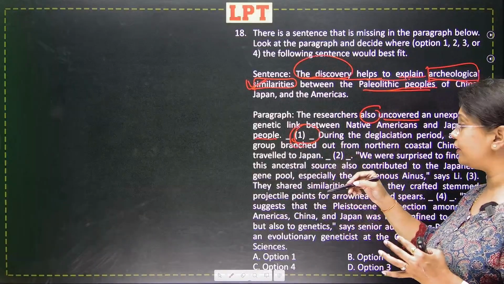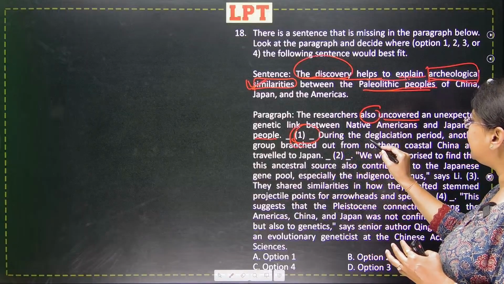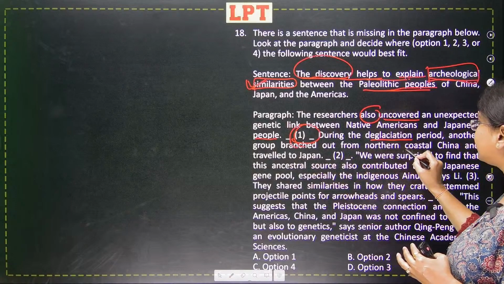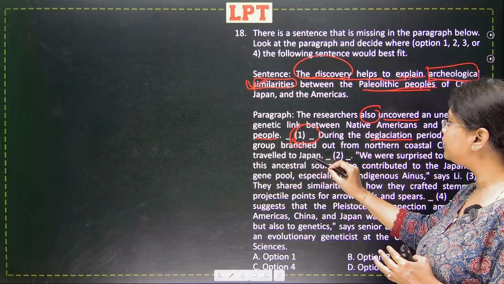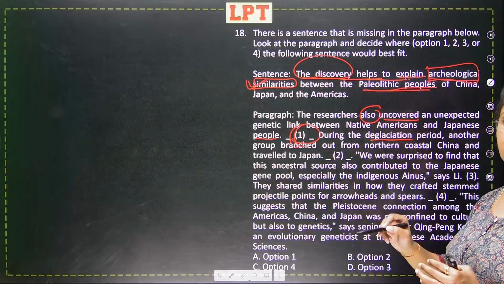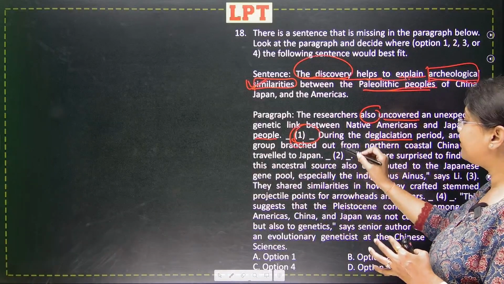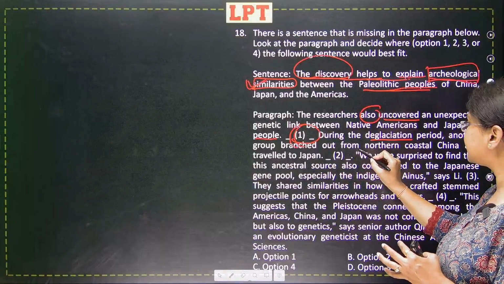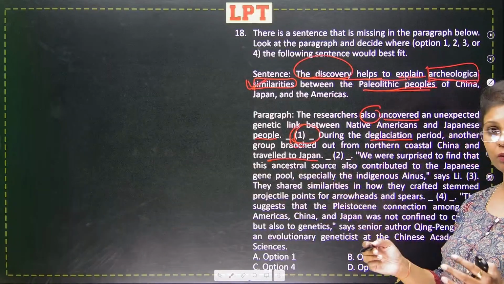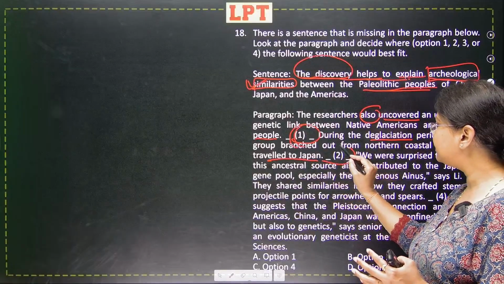Let's read further. It says, during the deglaciation period, another group branched out from northern coastal China and traveled to Japan. We were talking about a discovery in terms of the archaeological similarities, and we find no reference here as such. So it says from northern coastal China and traveled to Japan. Okay, so that is fine. Let's keep this also aside.